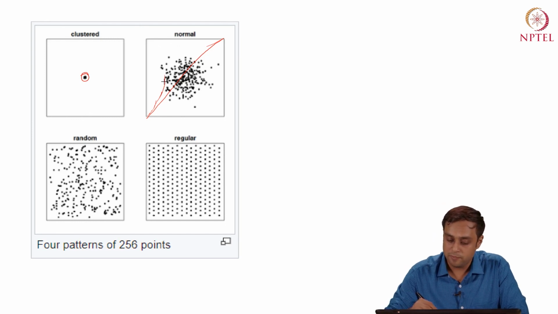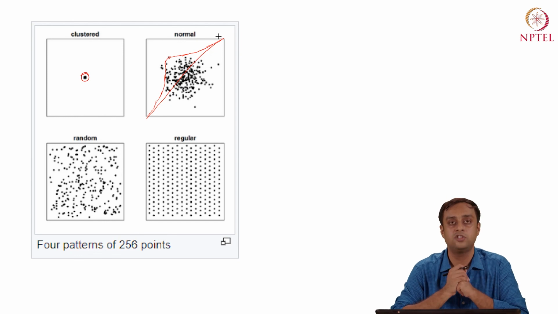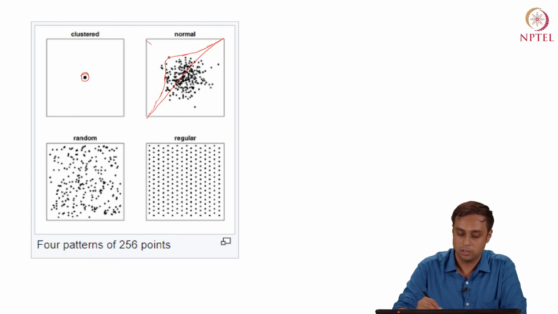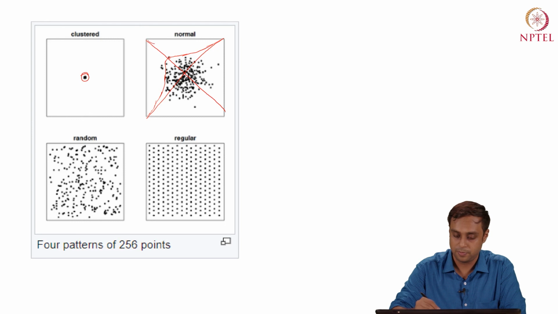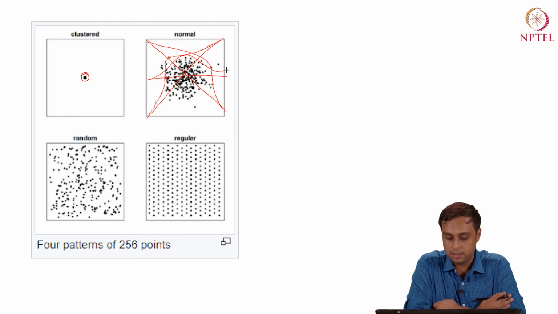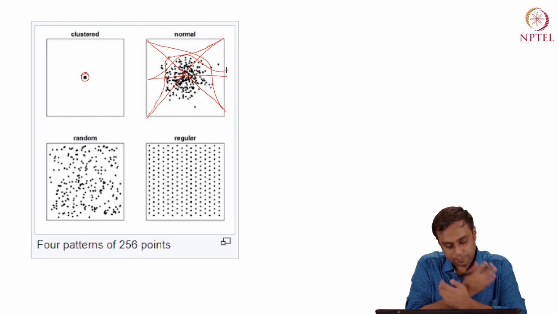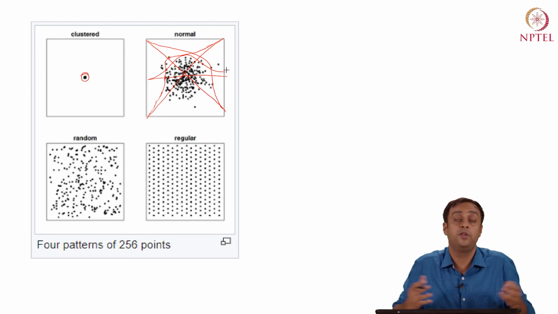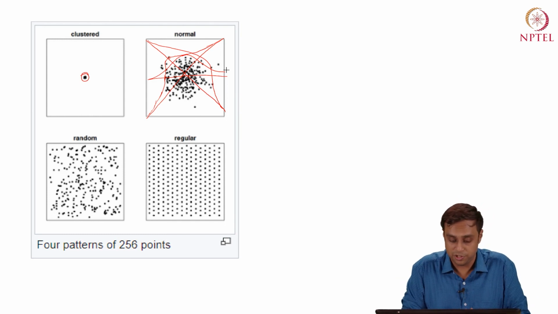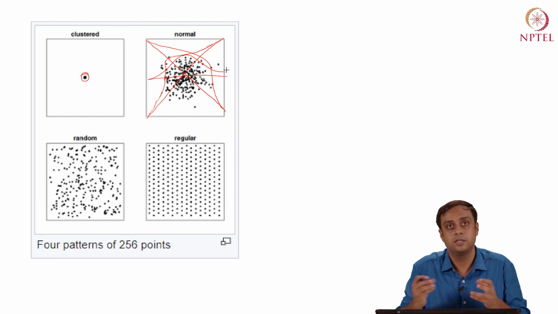So when we count them and plot the frequency of counts, what we see is a normal distribution along these two directions. You can go in any direction and you will have this pattern. Similarly, you have a random pattern where you can't really specify a distribution, and then you have a regular pattern, which is equally spaced points.